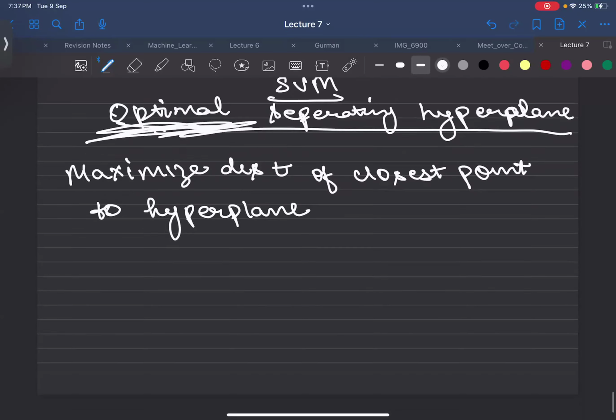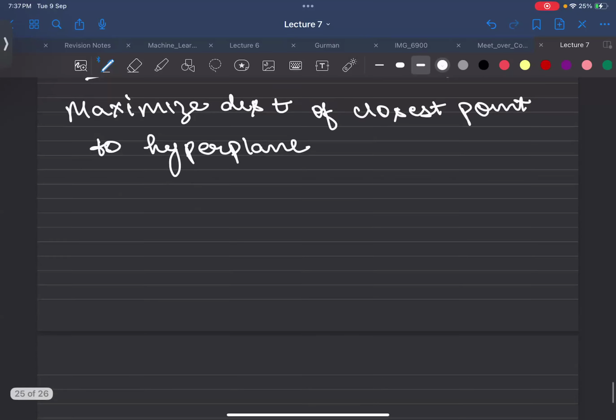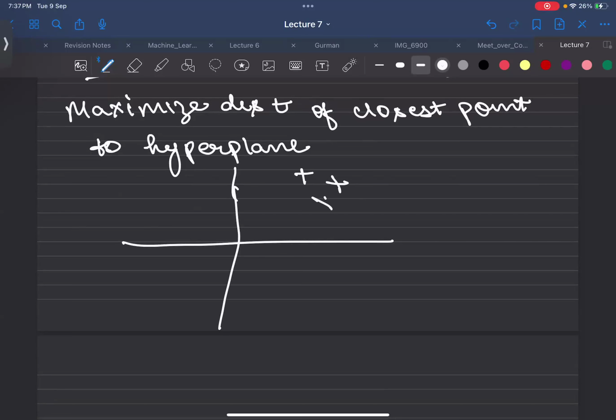Or I'll first draw the figure so that you can get the intuition.